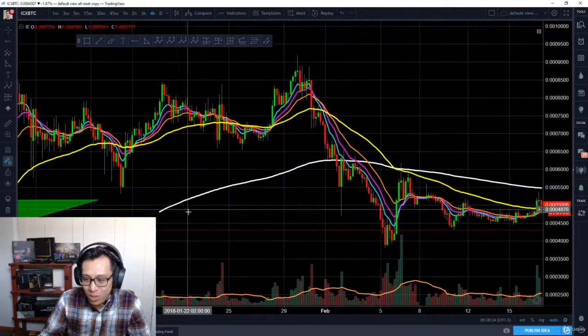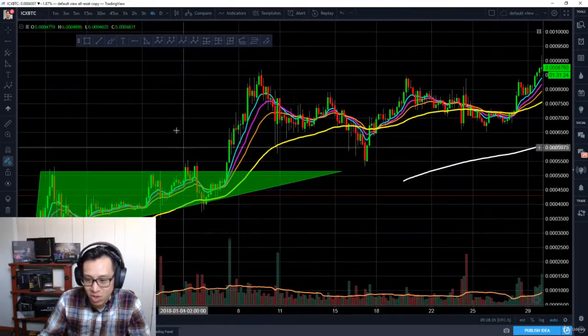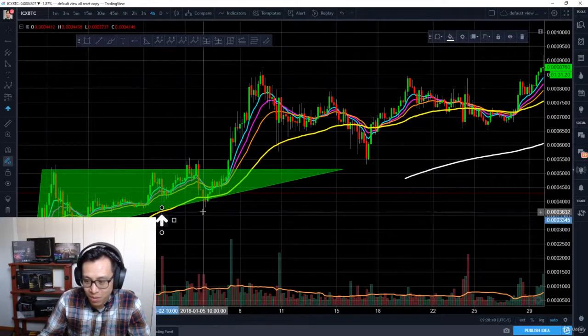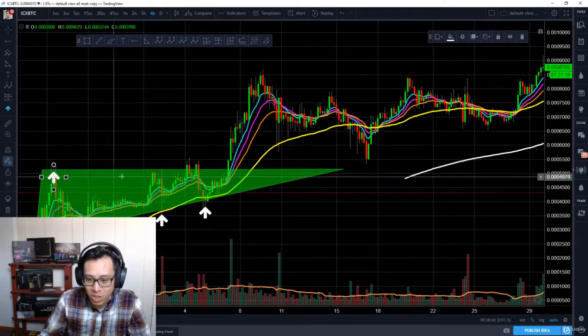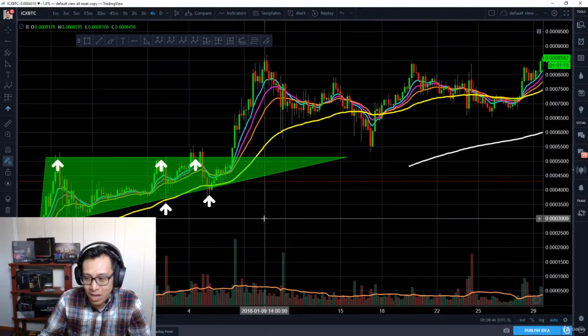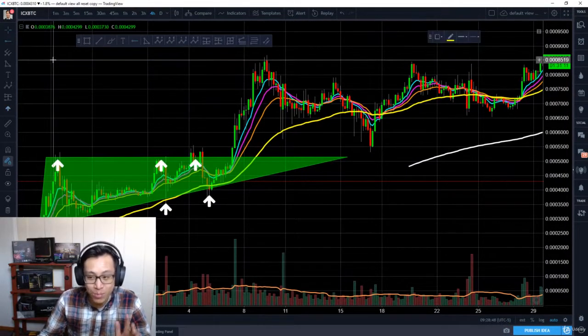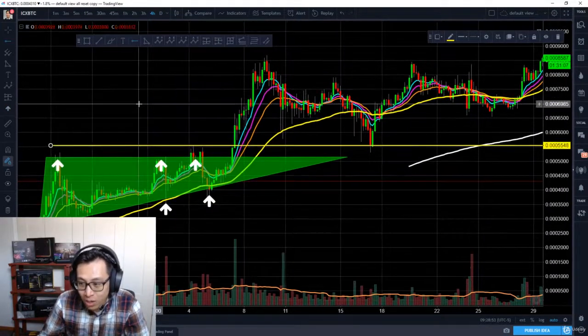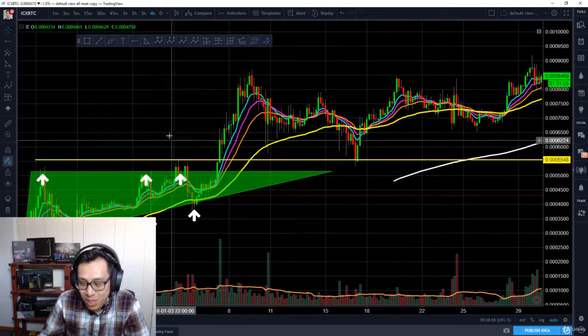So the way that you would actually play this ascending triangle, I'm just going to show you. It touched the bottom there, touched the bottom there, touched the bottom there. Tries to pound at it there, tries to pound at it there, tries to pound at it there, and it didn't succeed. So the breakout strategy that you would actually use is right here, okay? You would make note of this particular high.